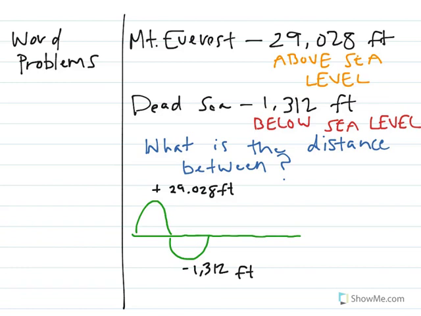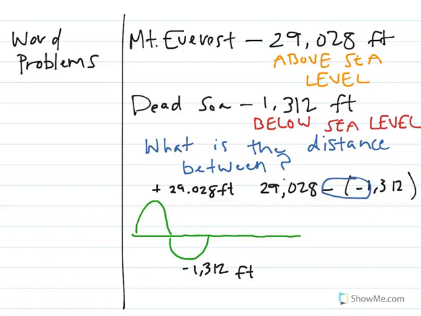So we're going to take our big number, 29,028, and subtract the negative 1,312. Well, like I said earlier, whenever you have two negatives right next to each other, they cancel out and turn into a positive.